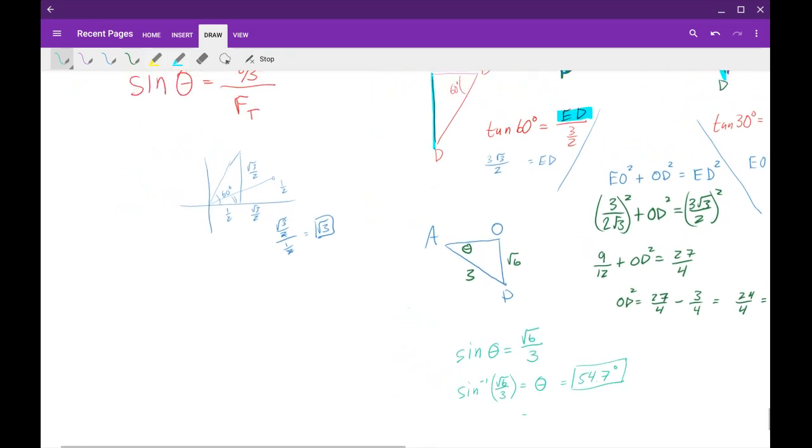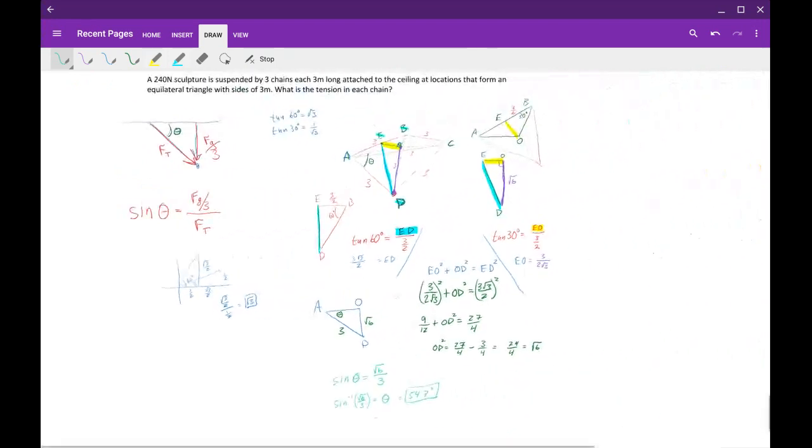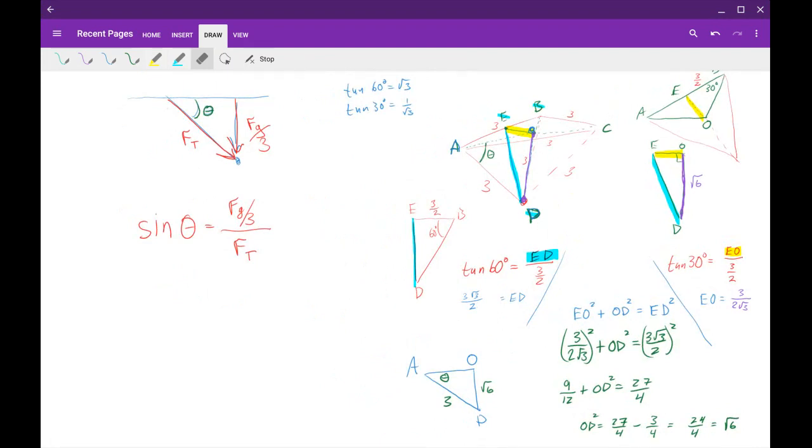How about that? So we're going to go way back up here, and we'll plug that into this thing. I'm going to erase this. We'll plug that into here, and that green angle is 54.7 degrees.